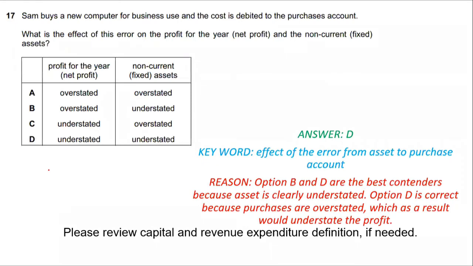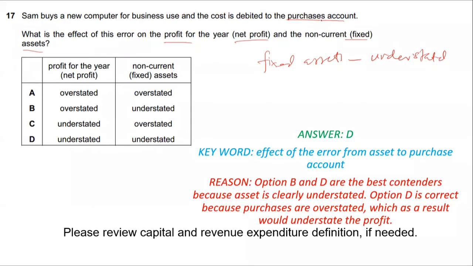Multiple choice 17, Sam buys a new computer for business use and cost is debited to purchase account. So again, they debited to a wrong account. What is the effect of this error on profit for the year, net profit, and the non-current fixed assets? You can immediately say fixed assets would be understated because Sam did not record the new business computer in the asset account.